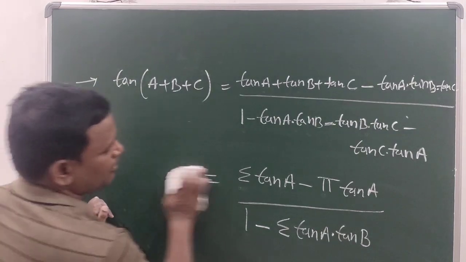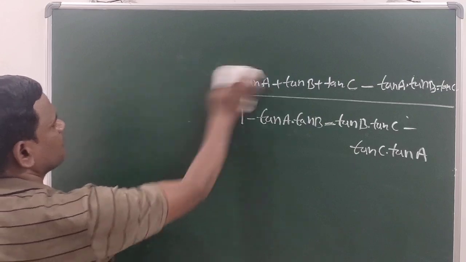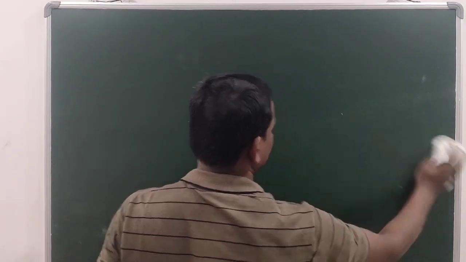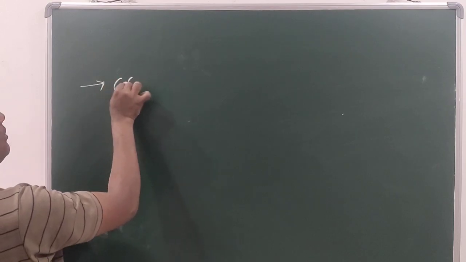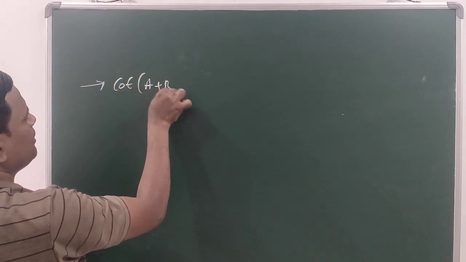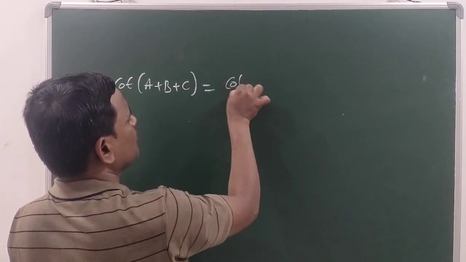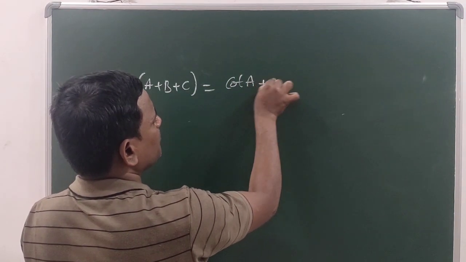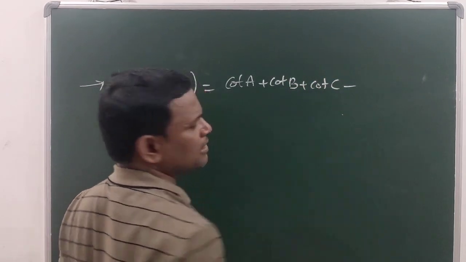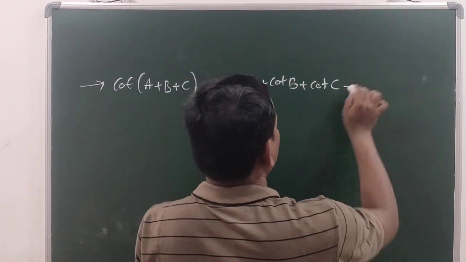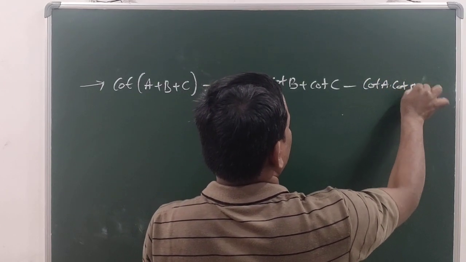Similarly, cot(A+B+C) is also the same as this one. Cot(A+B+C) is equal to (cot A + cot B + cot C − cot A cot B cot C) by (1 − cot A cot B − cot B cot C − cot C cot A).